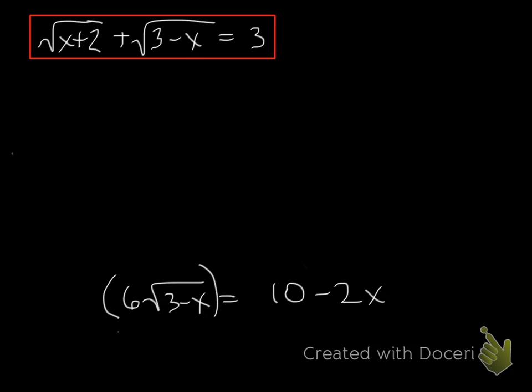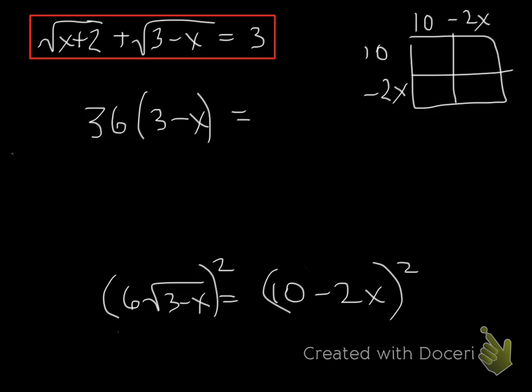Now when you square the left hand side, you make sure that you square all the factors, a and b, so it'll be 36 times 3 minus x on the left hand side. 6 squared, and the square root squared cancel, leaving the argument. On the right hand side, again, you'll have a perfect square.